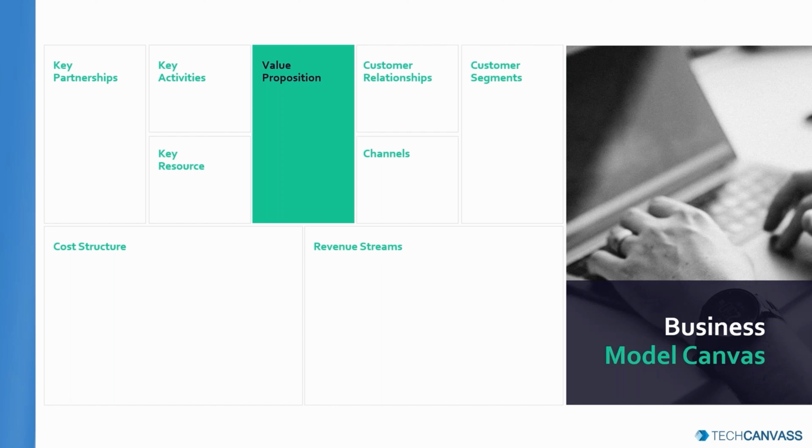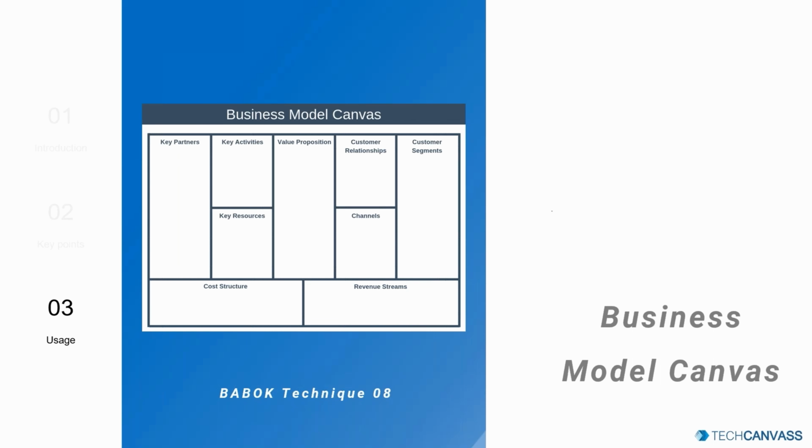As you can see here, it's a pictorial representation of the key elements of the business model. It helps in having a comprehensive, at-one-place look at the entire business model and the key elements, and where the organization stands in these 9 areas. Let's look at the uses of this technique.